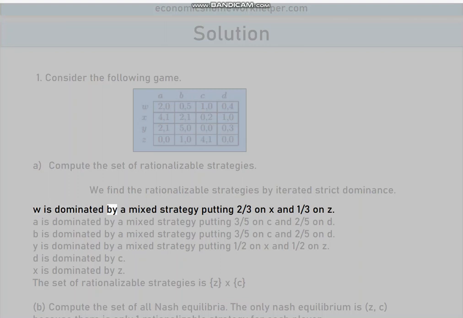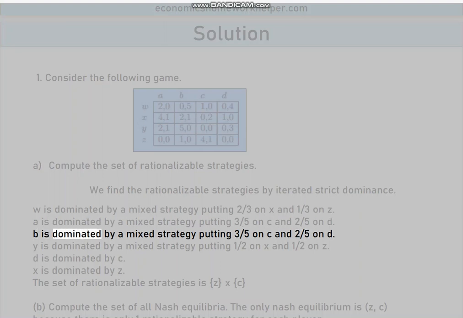W is dominated by a mixed strategy putting 2/3 on X and 1/3 on Z. A is dominated by a mixed strategy putting 3/5 on C and 2/5 on D. B is dominated by a mixed strategy putting 3/5 on C and 2/5 on D. Y is dominated by a mixed strategy putting 1/2 on X and 1/2 on Z. D is dominated by C. X is dominated by Z. The set of rationalizable strategies is {Z, C}.